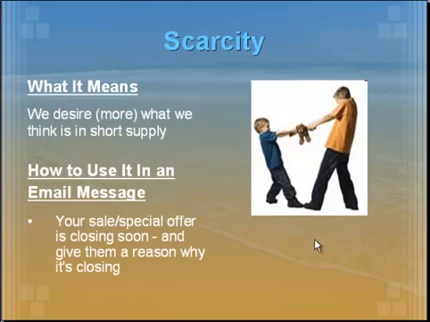So how you can use it in your email messages, you can say that your sale or your special offer is closing soon if you have your own information product, or if you're promoting an affiliate product, find out when a sale is on and give them a reason why it's closing and why they should buy right now. So the scarcity in this case would mean that the product is available today, but it might not be available tomorrow, so you need to jump on it right now.